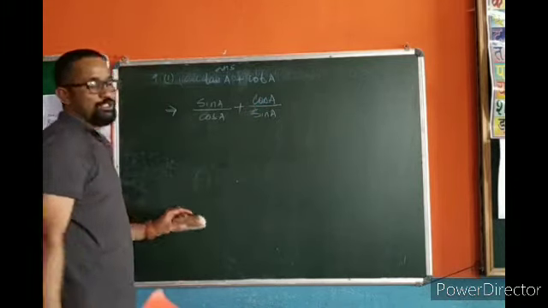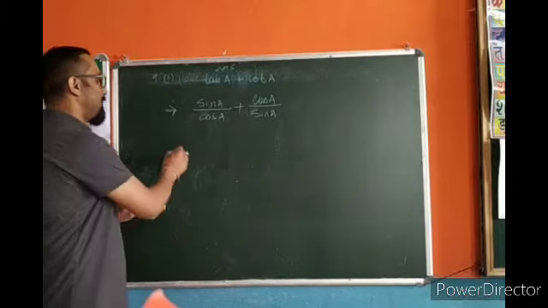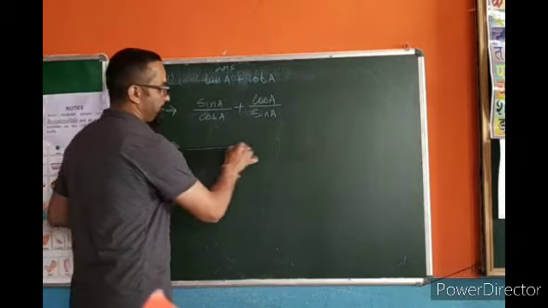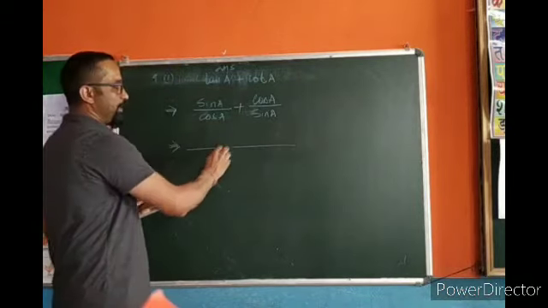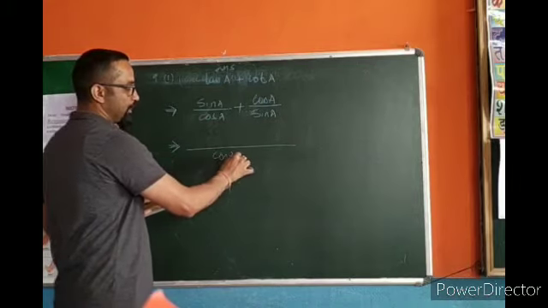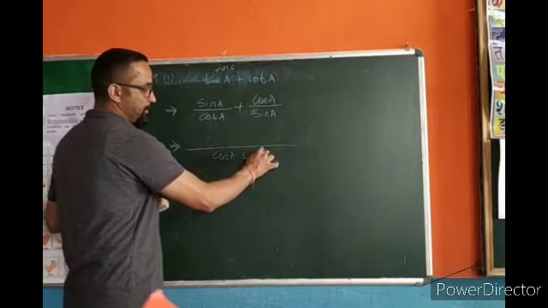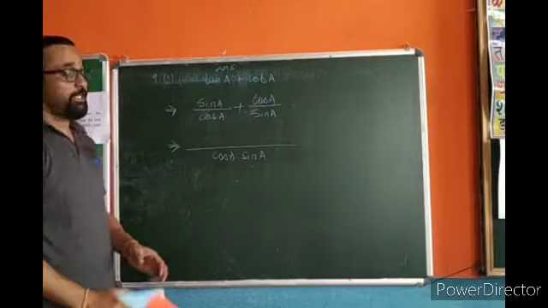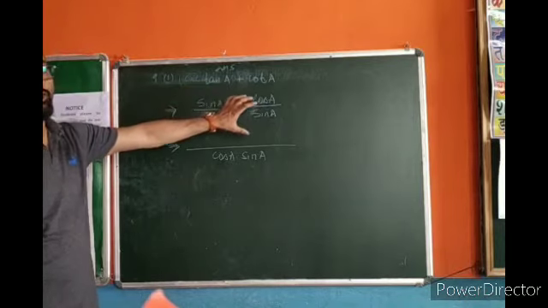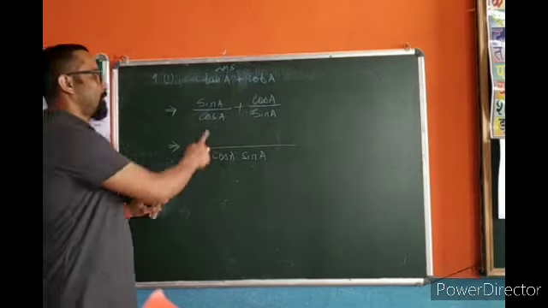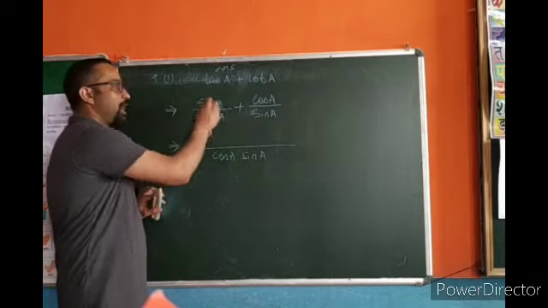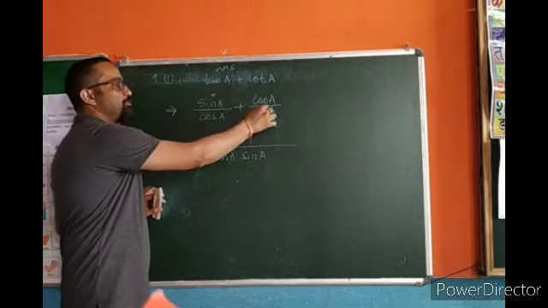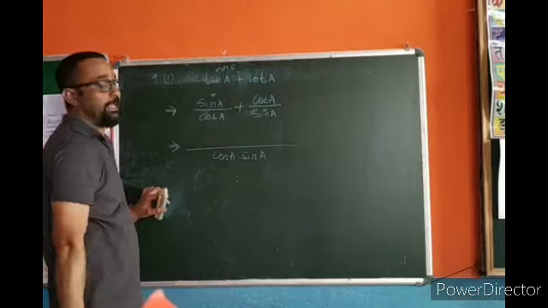You see fractions. Fractions are simplified by taking LCM. Copy denominators, cos A into sin A. And when you take LCM of trigonometrical ratios, copy the denominator. Now the numerator of the first multiplies with the denominator of the second.